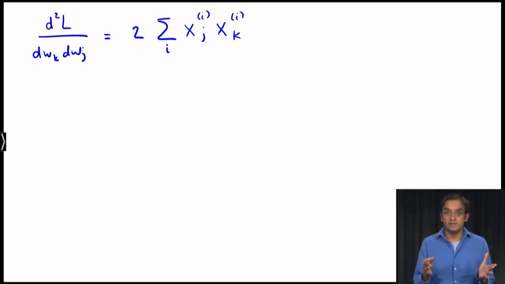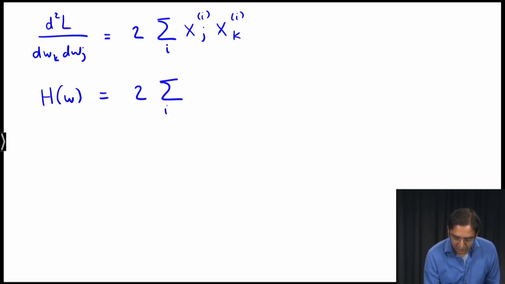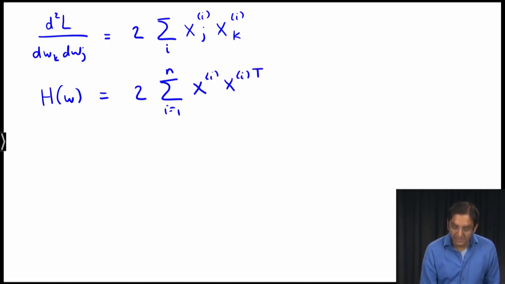What's the entire matrix? Well, this is again something of that special form, U U transpose. If you remember, if you have a vector U, U U transpose is a d by d matrix whose ij entry is U_i U_j. Okay, so this entire matrix over here, the Hessian at w, is twice the sum over i equals 1 to n of the ith data point times the ith data point transpose.